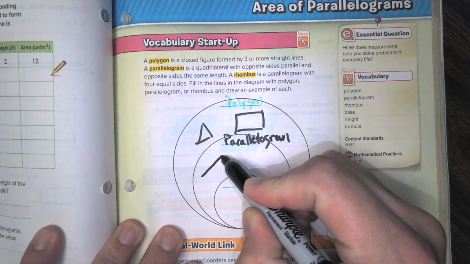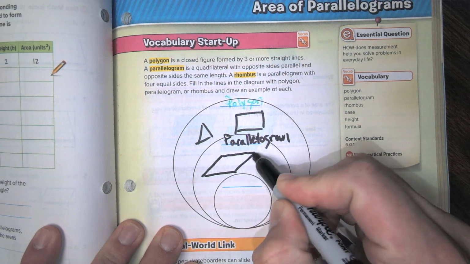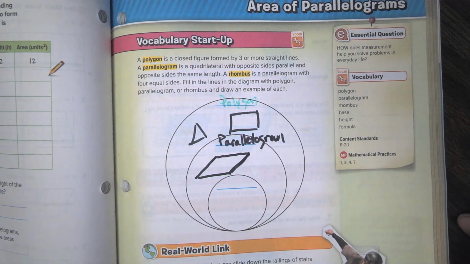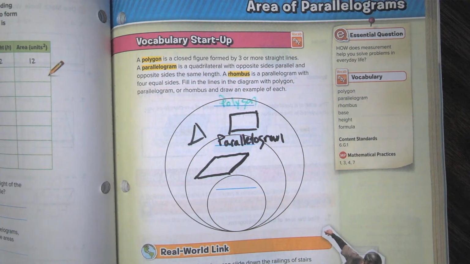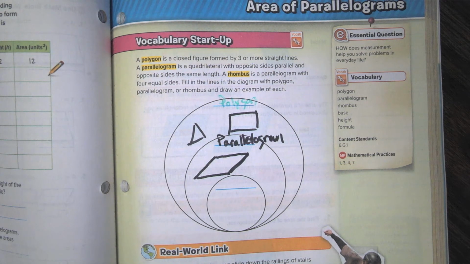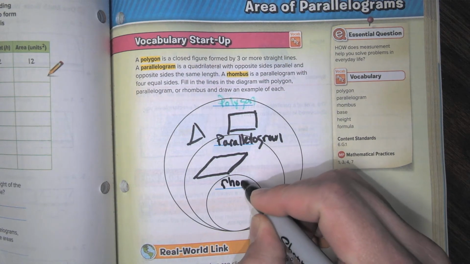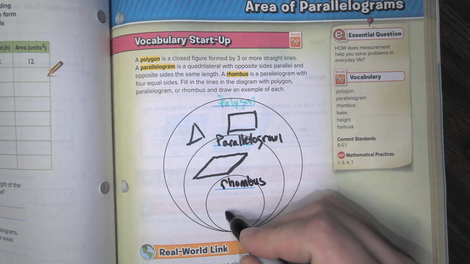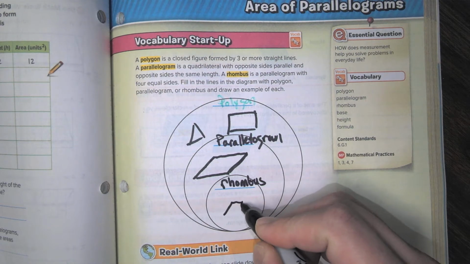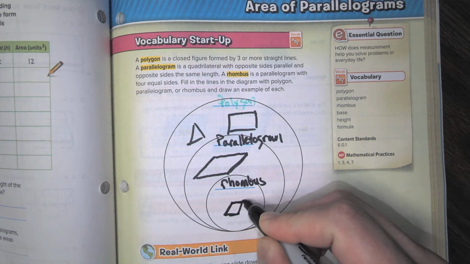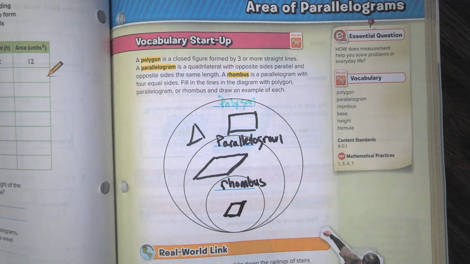It's kind of going diagonally like that. It's kind of like they grabbed a rectangle and kind of just shifted it a little bit. And then the last one is a rhombus. So this one is just a smaller version of the parallelogram. But it's a square for the most part. So they took a square and kind of tilted it.